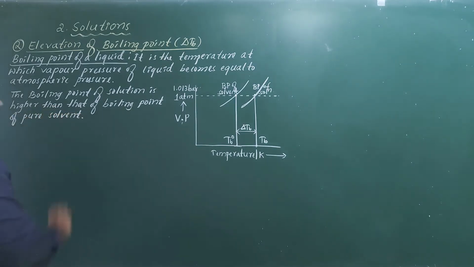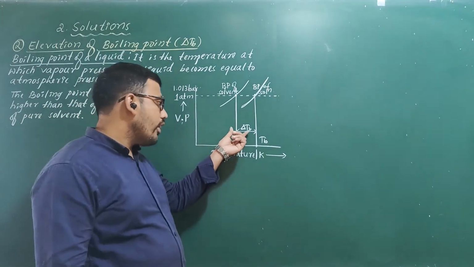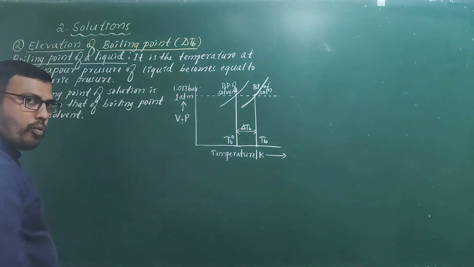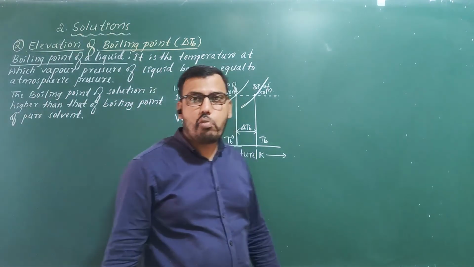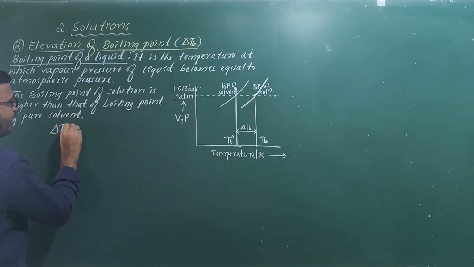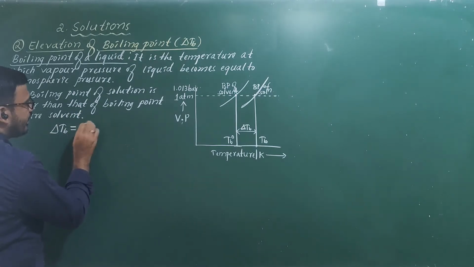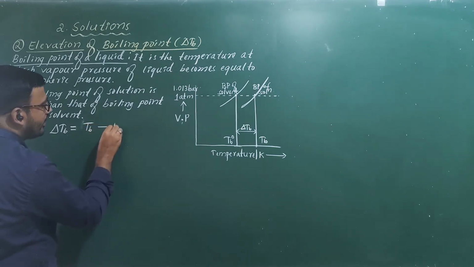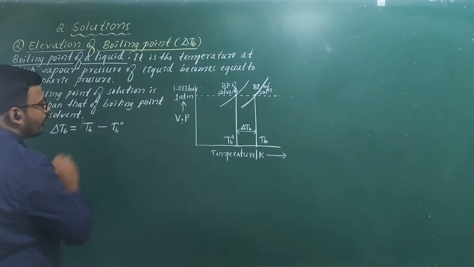Now I am going to write the definition of delta TB, elevation of boiling point, which is represented by delta TB. This delta TB is equal to, always you have to take higher value minus lower value, TB. What is TB? Boiling point of solution minus boiling point of pure solvent.